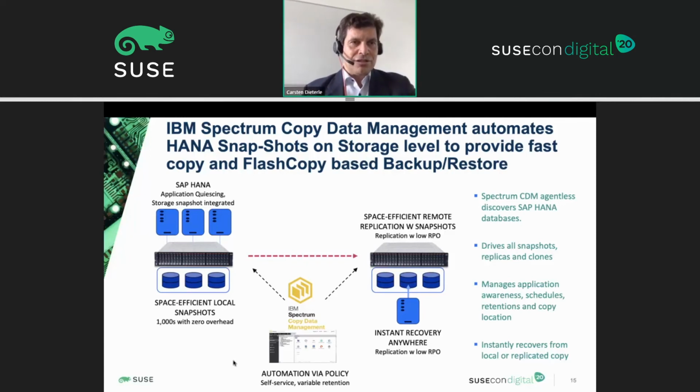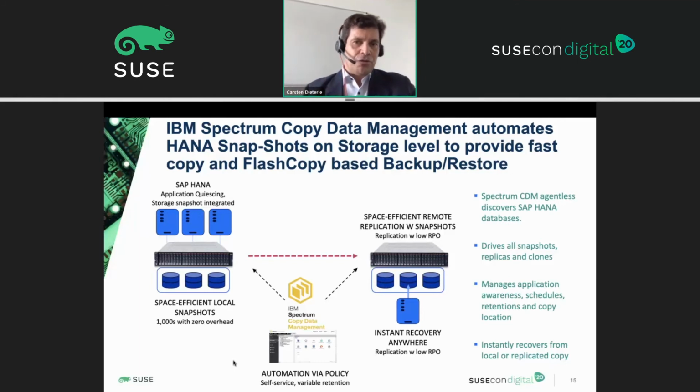Our software solution is called IBM Spectrum Protect Copy Data Management, which provides, as you see on the left side, space efficient snapshots on the local side. It quiesces the application briefly, then takes a storage snapshot before unquiescing the database. That's completely controlled by the IBM Copy Data Management software.